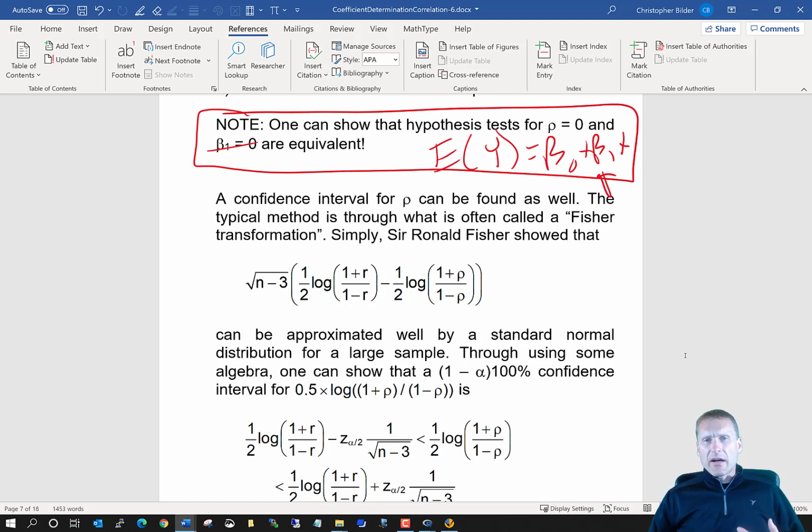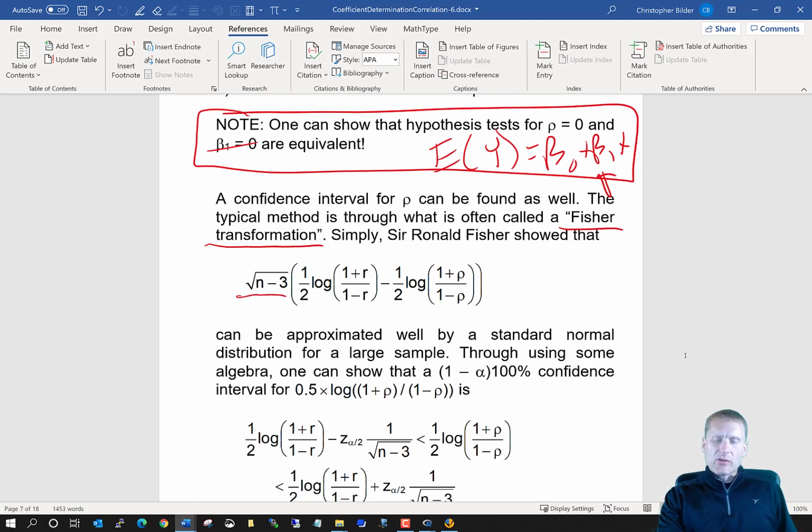Now, in terms of doing a good confidence interval, there's a number of different confidence interval procedures out there. We're going to talk about one that uses what's called Fisher's transformation. Here's the setup.